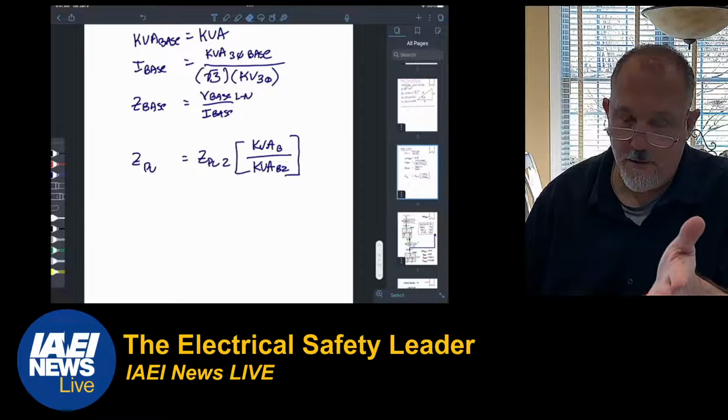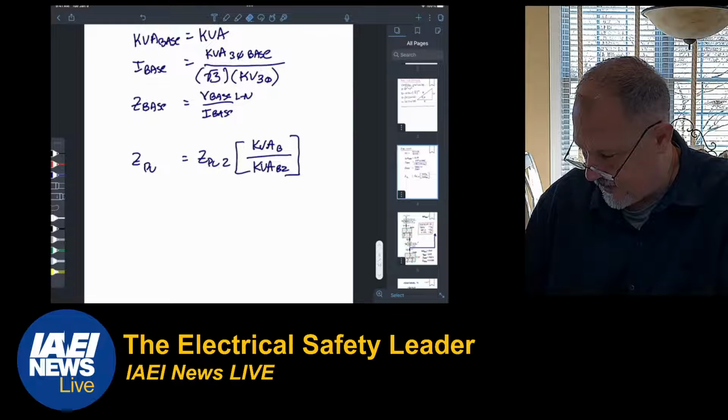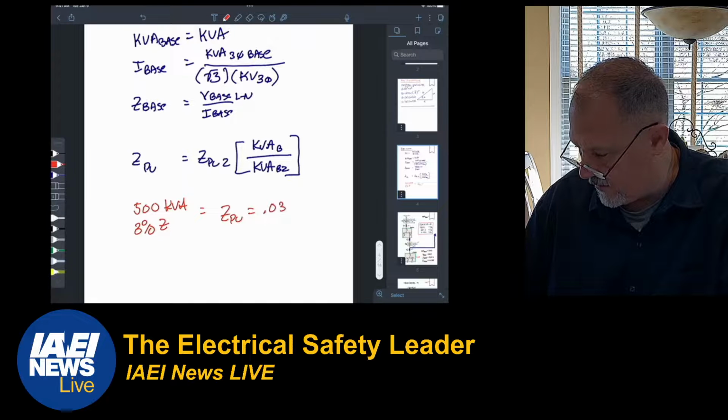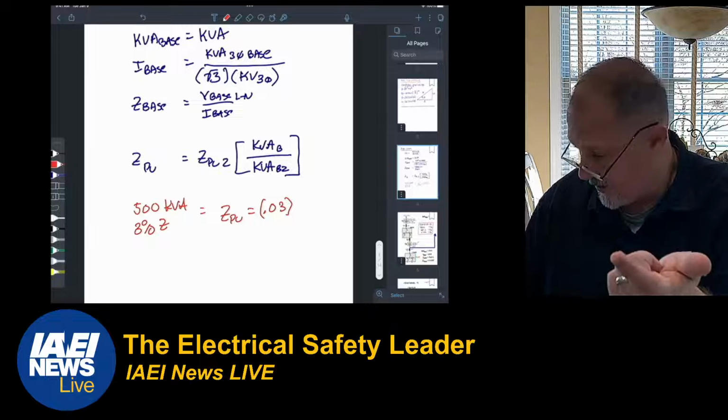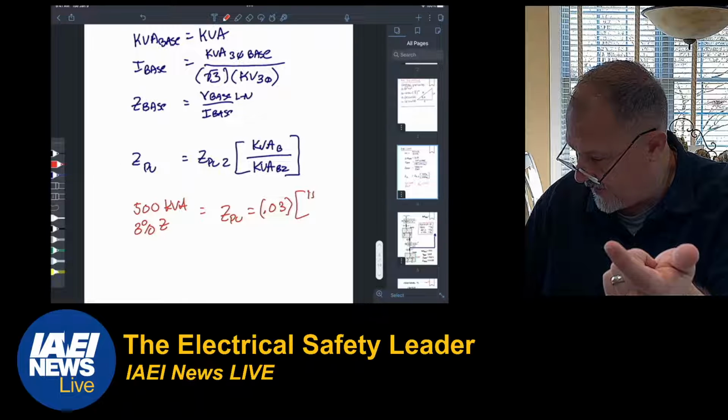So for that 0.03, I'll just do an example. 500 kVA transformer, 3% impedance. I take my Z per unit is equal to that 0.03 per unit, because I take the 3%, divide that by 100, times 1500 divided by 500.